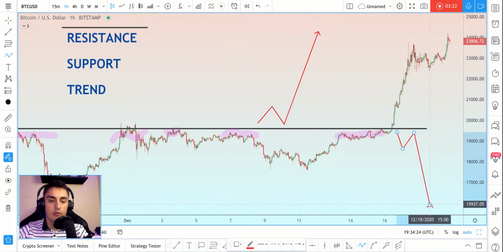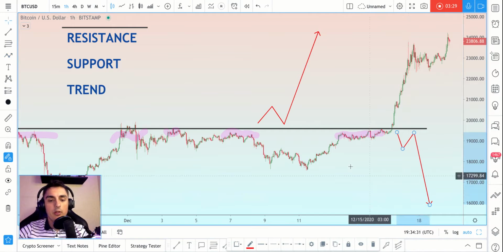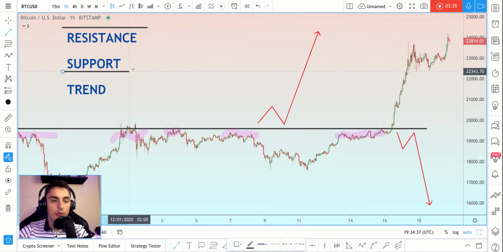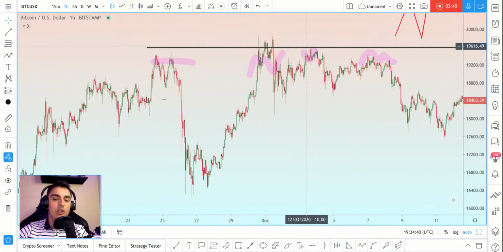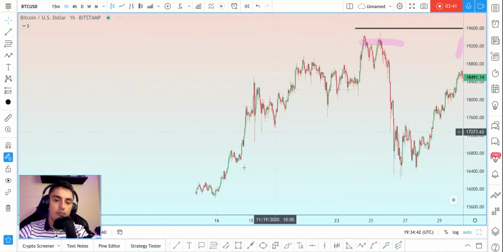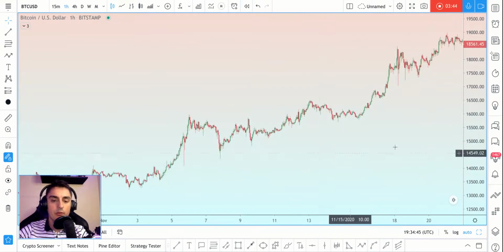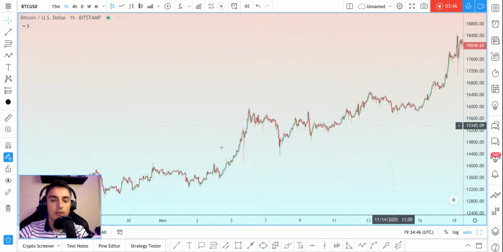This is how you can trade resistance, and pretty much the same rules apply to support, but support connects the lows of the price, right?